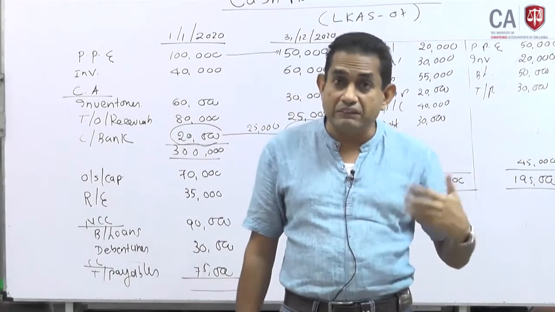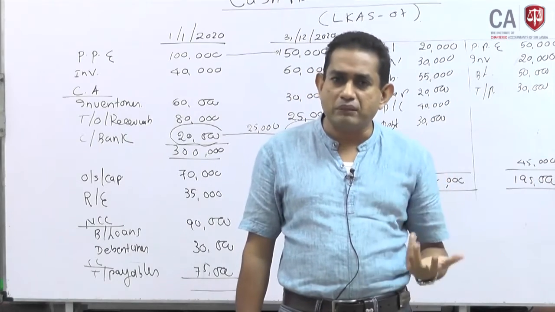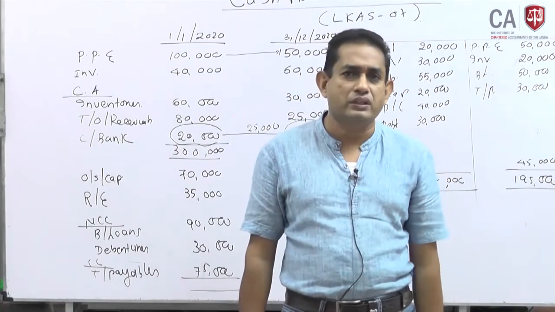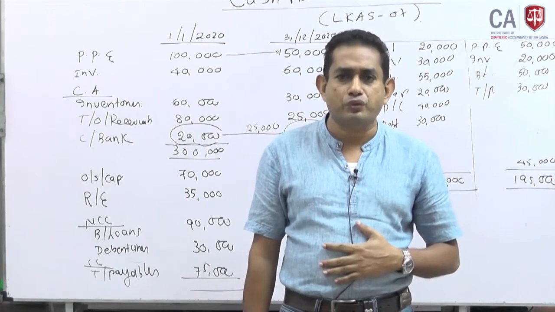So, maybe sometimes revaluation of assets, and there can be depreciations in that, there can be sometimes impairment losses in that. So, what and what can be included in this total difference of 50,000?